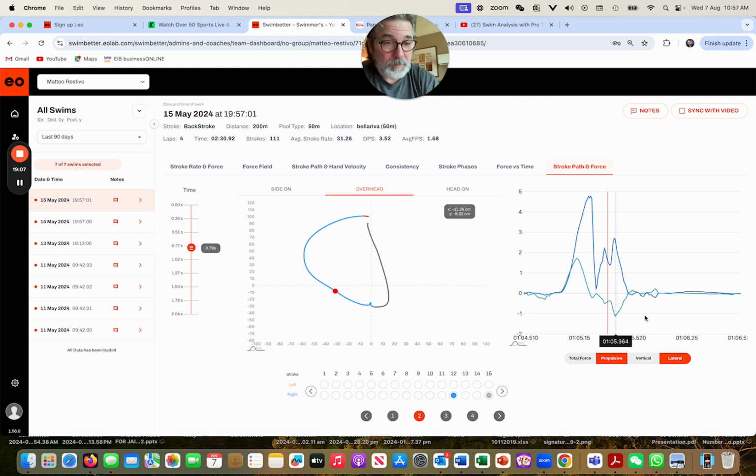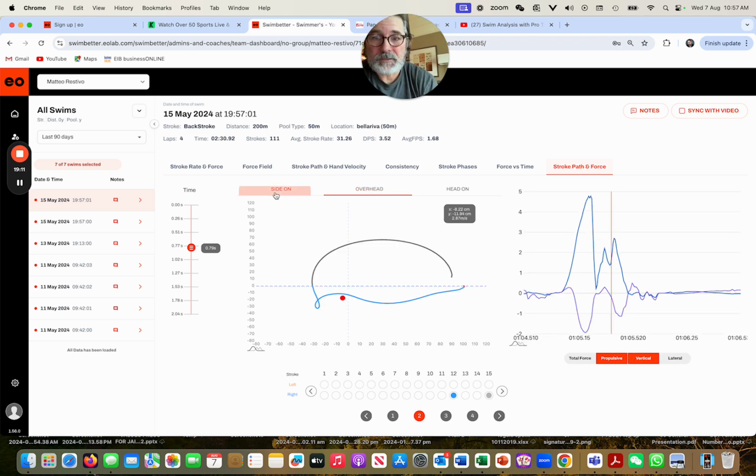And speaking of coming down and coming out, I'm going to go back to the vertical view and we'll go back to our side-on view. And this is where we expect to see that downward force occurring. As the hand comes down and then sweeps out of the water, as you expect, we get the downward force.